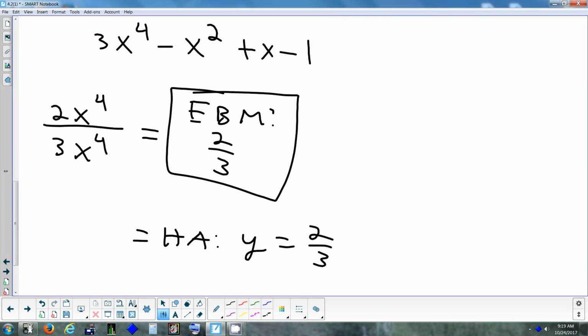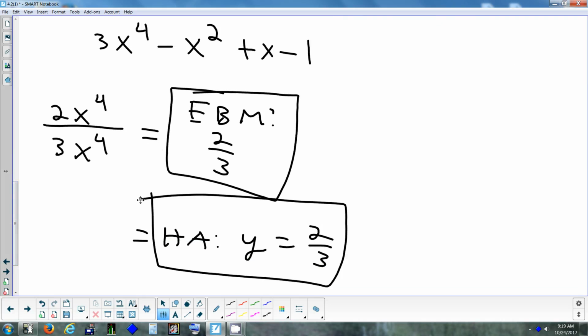So when exponents are equal, you get a horizontal asymptote not at 0. We didn't do one where the exponent in the top was bigger, and we won't look at that today, I don't think, at least in detail. We'll look at that more tomorrow. Any question on the end behavior model or horizontal asymptote here?